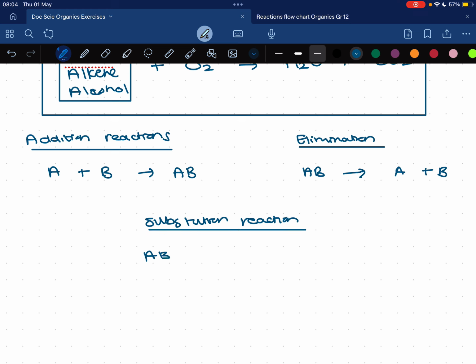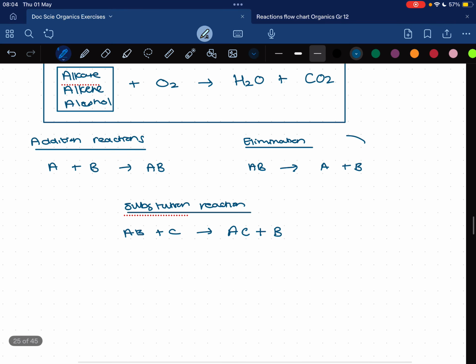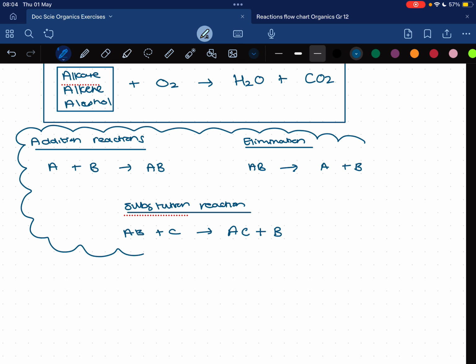So we would have like AB plus C, which would form like AC plus B. Obviously they're not as straightforward and not as easy to identify as this, but if we can try and remember this general concept, then it does make identifying the reaction that we're looking at a bit easier.